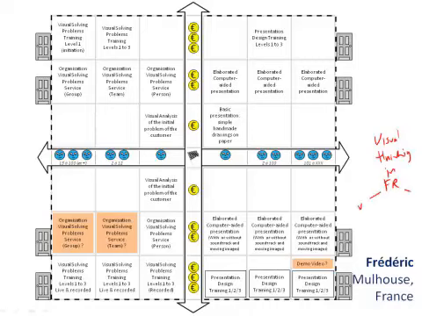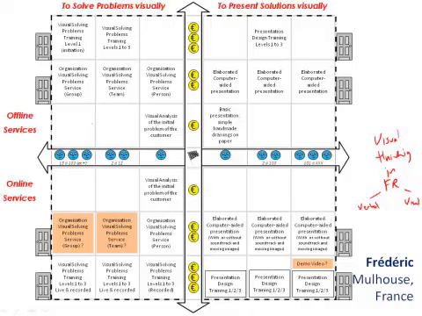So I use an MVP to clarify the benefits that visual thinking could offer to French companies. And I tried to identify the products and services I could deliver to the customer. And I classify them in 2 groups. On the left side, the services to solve the problems. On the right side, the services and the products used to present the solutions.